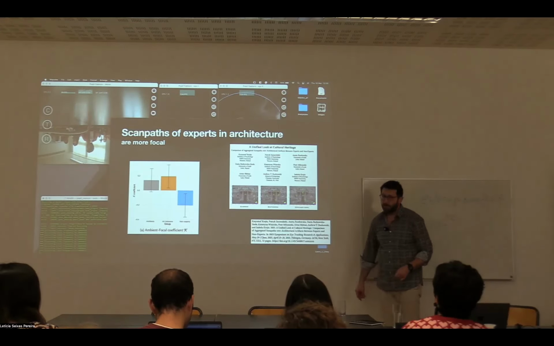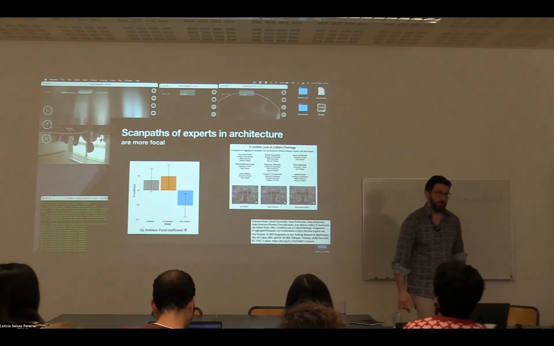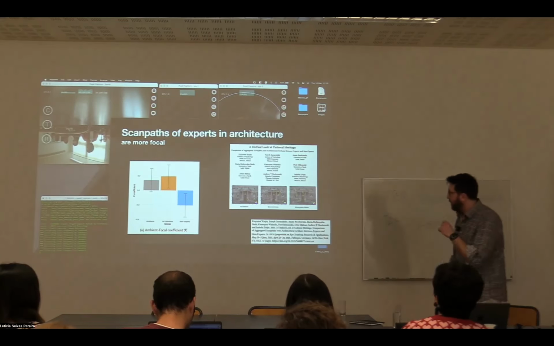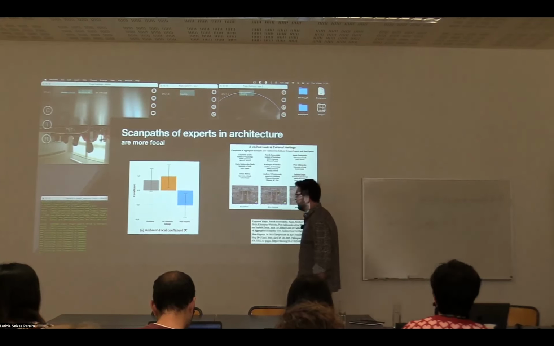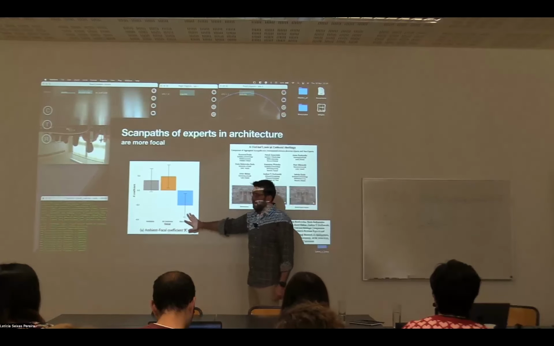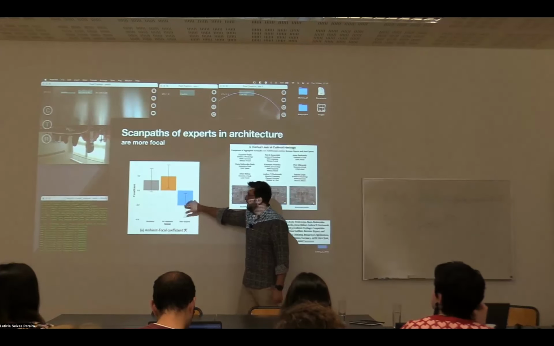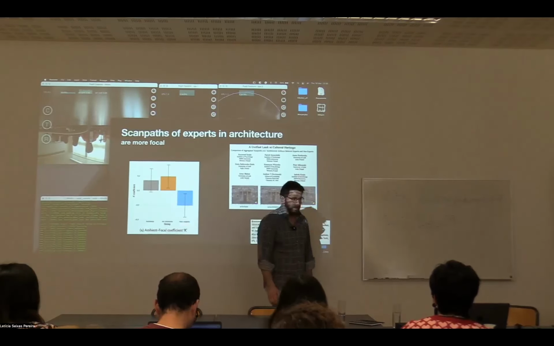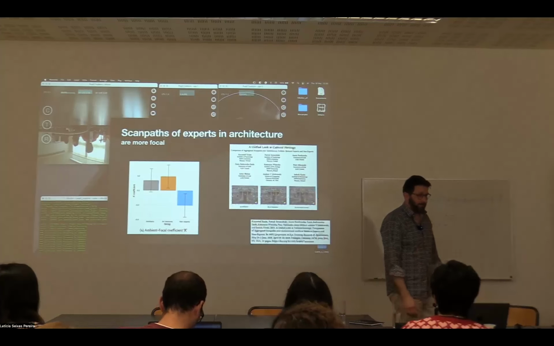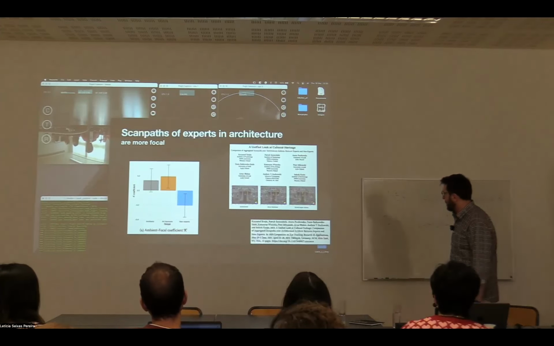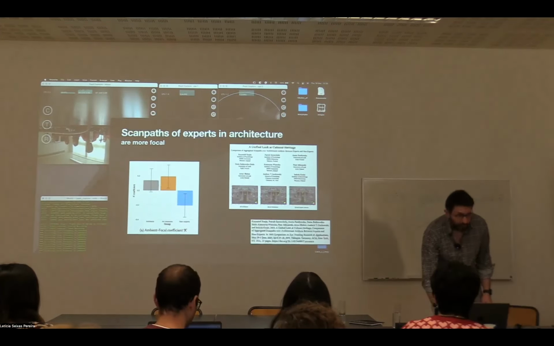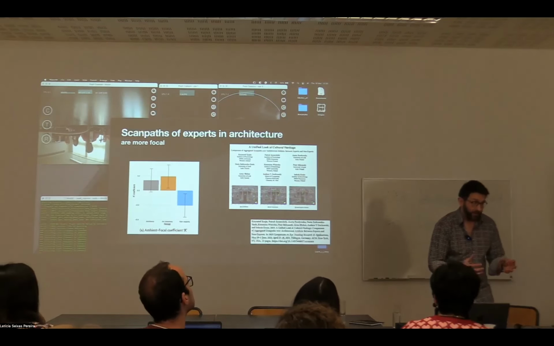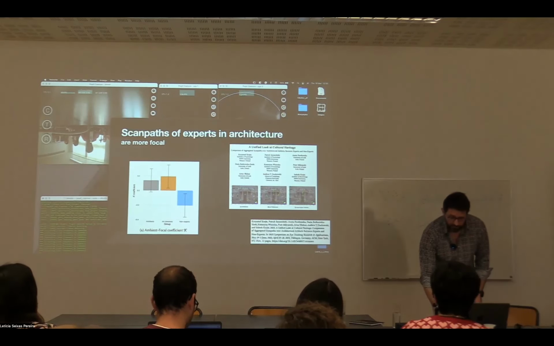It will be in the ETRA proceedings from this year, where we somehow prove that non-experts' scan paths are much more ambient than expert architects' and art historians' scan paths. And there is also a nice way to bind the scan paths of the entire groups, which, yeah.